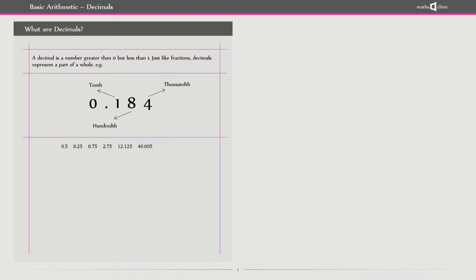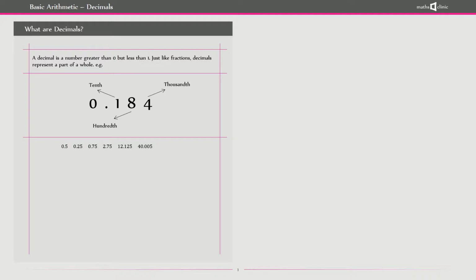Then you have 0.75, 2.75, and just like we have mixed fractions, you can have decimals and whole numbers, because 2.75 is a whole number 2 and the decimal 0.75 together. You can have 12.125, 40.005.